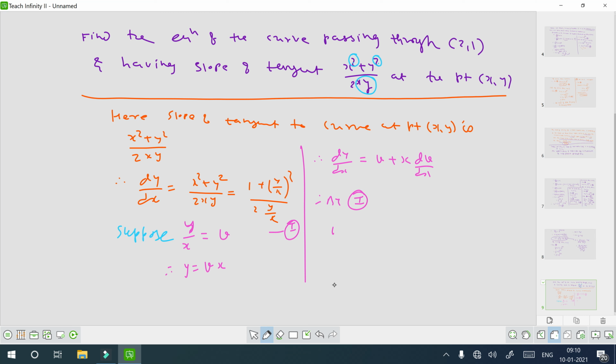So by 1, v plus x dv by dx is equal to 1 plus v square over 2v. So x dv by dx is equal to 1 plus v square over 2v minus v. So 1 plus v square minus 2v square by 2v. So 1 minus v square over 2v. So 2v over 1 minus v square dv is equal to dx by x.